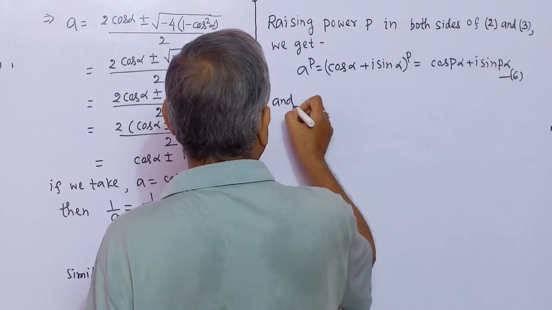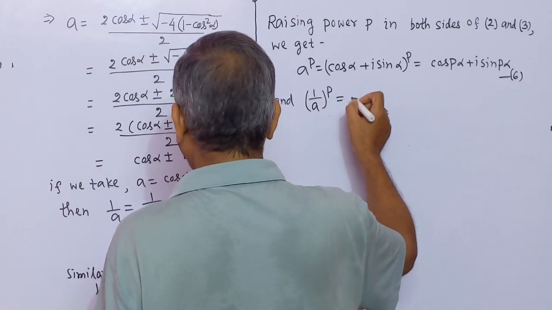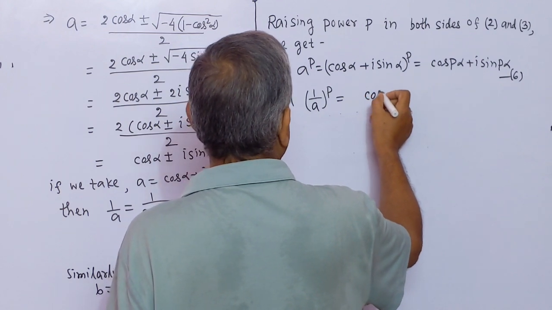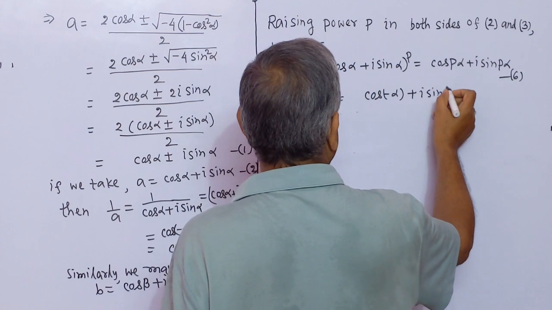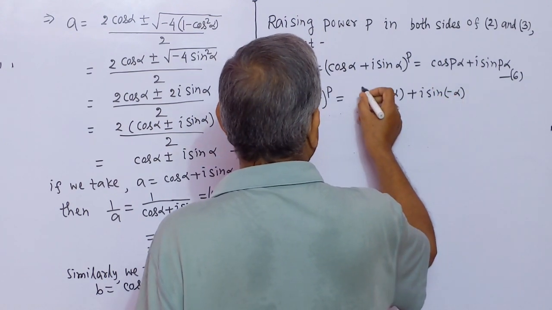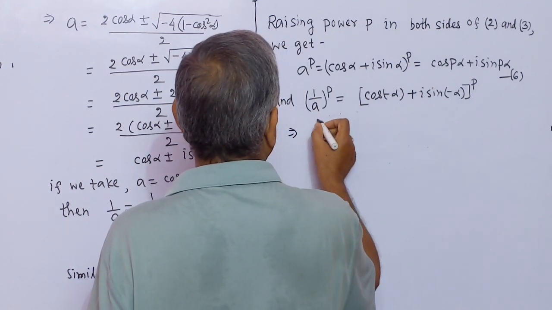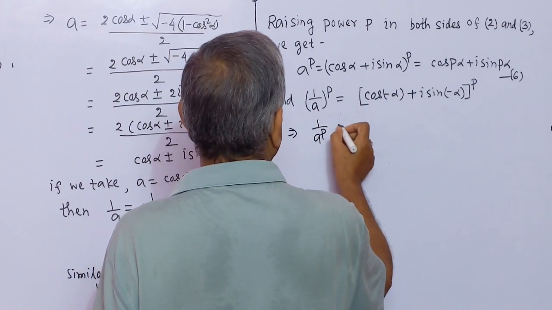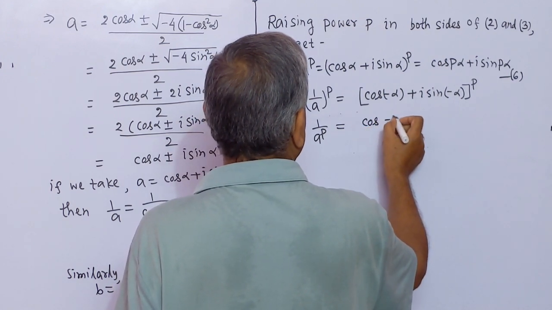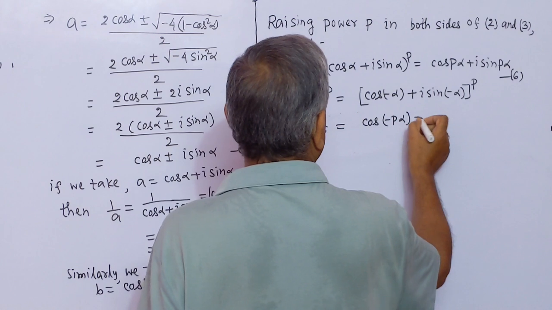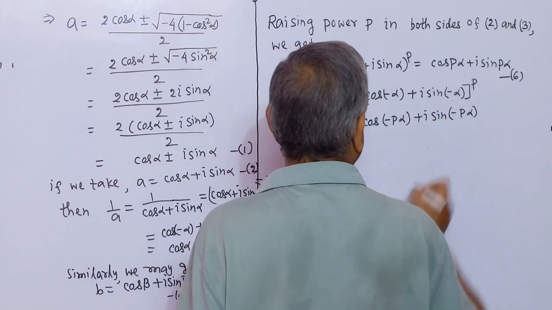And 1 by a to the power p equals cos minus alpha plus i sin minus alpha to the power p, which implies 1 by a to the power p equals cos minus p alpha plus i sin minus p alpha by De Moivre's theorem.